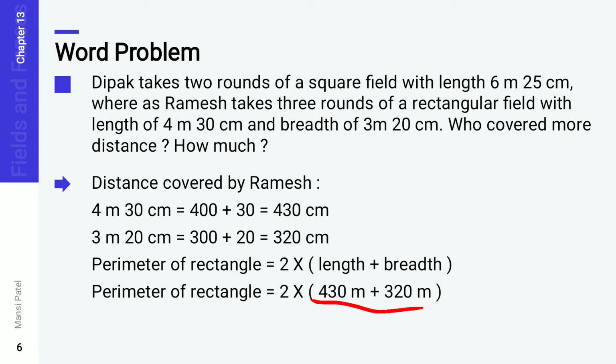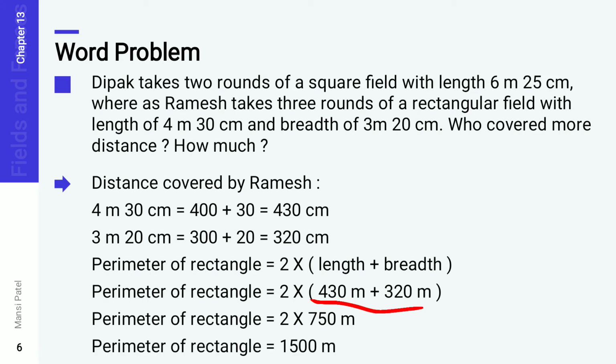So 430 plus 320 is equal to 750. Now do the multiplication of 2 multiplied by 750. So the perimeter of the rectangle is 1500. This 1500 is for only one round.